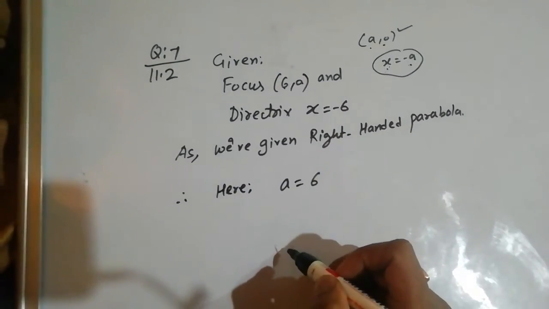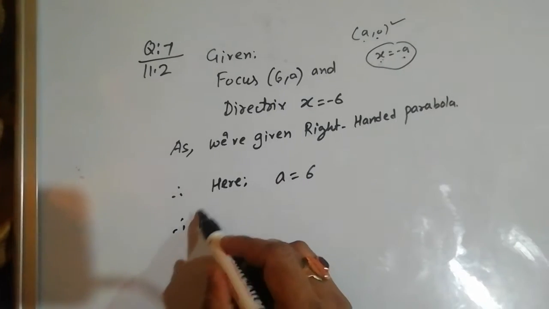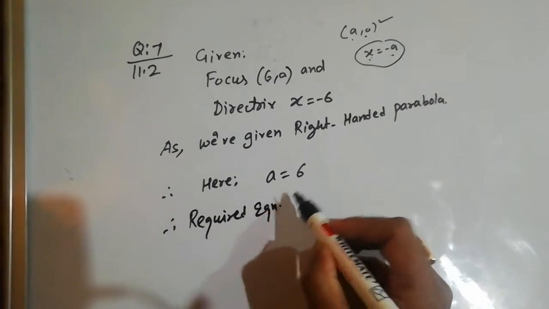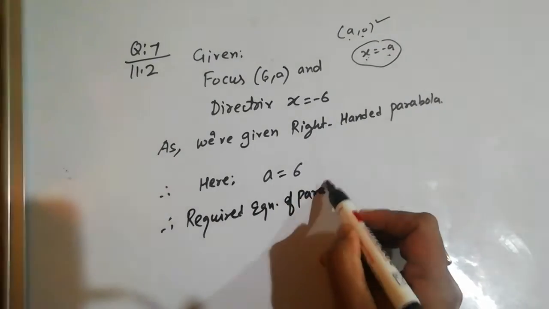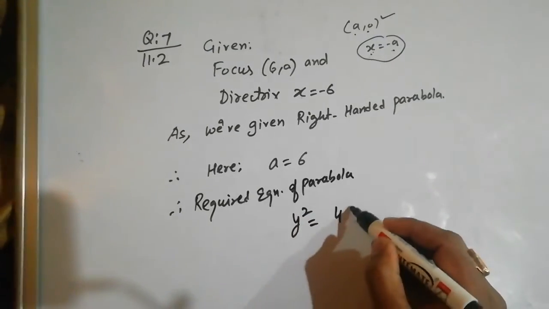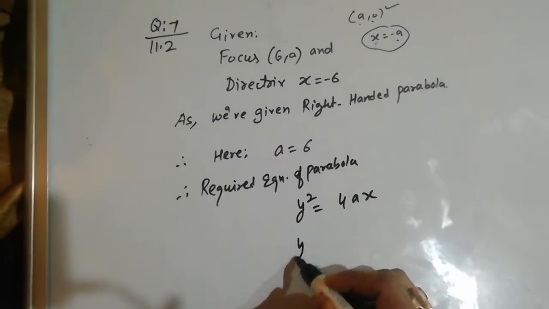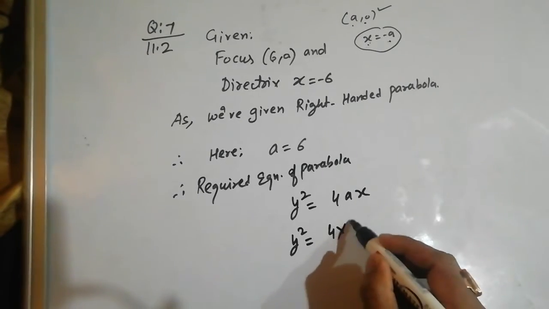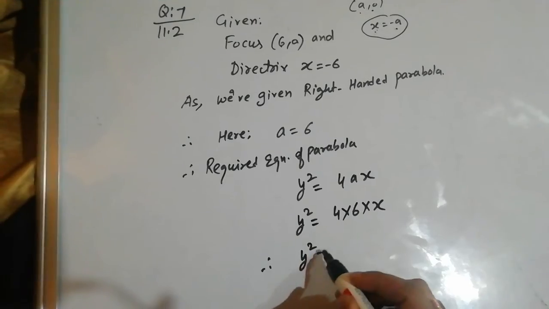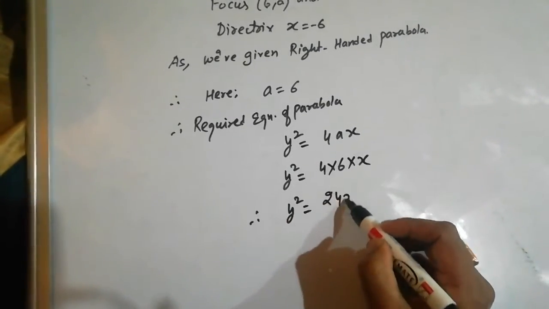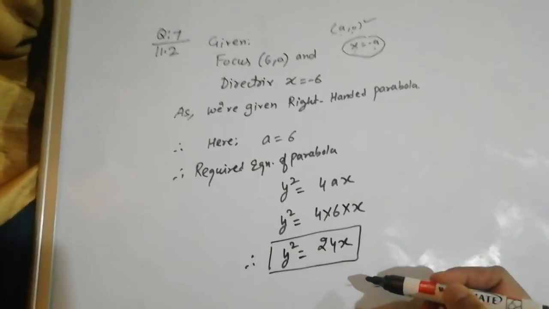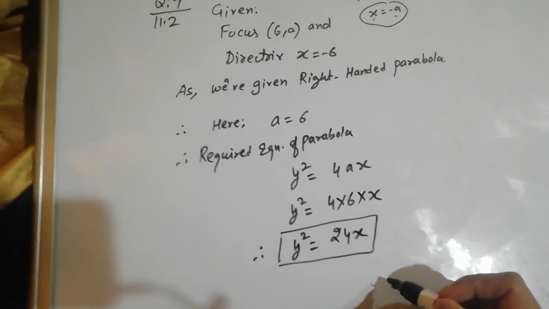So therefore the required equation of parabola is the right-handed parabola y square equal to 4ax. Now put the value of a, it becomes y square equal to 4 into 6 into x. So therefore y square equal to 24x. This is your required answer. By using the same technique you can solve the remaining questions also.